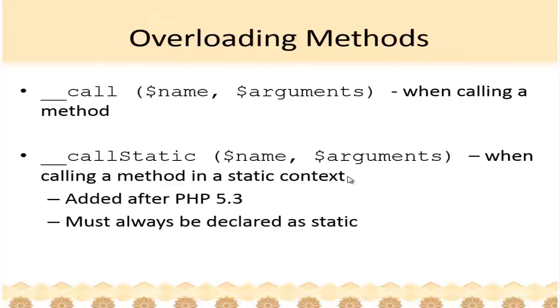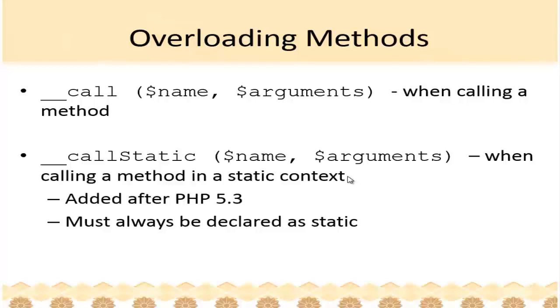Now, in order for us to overload a method, we use __call and __callStatic. __call is used for instance methods. __callStatic is used for static methods. If you want to associate a method with the class itself and add it dynamically, in other words, add a dynamic method to the class, then use __callStatic.